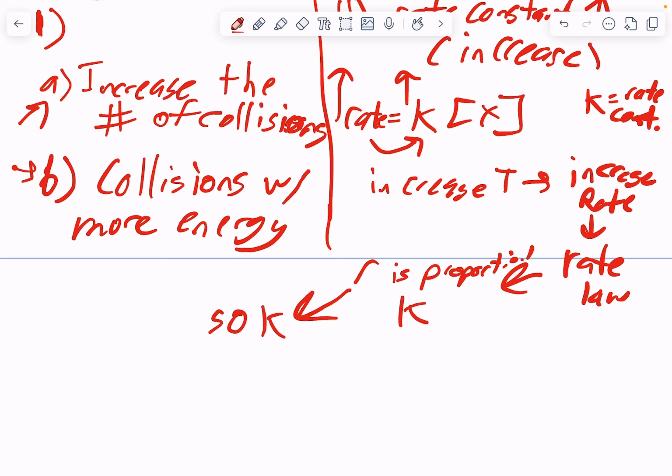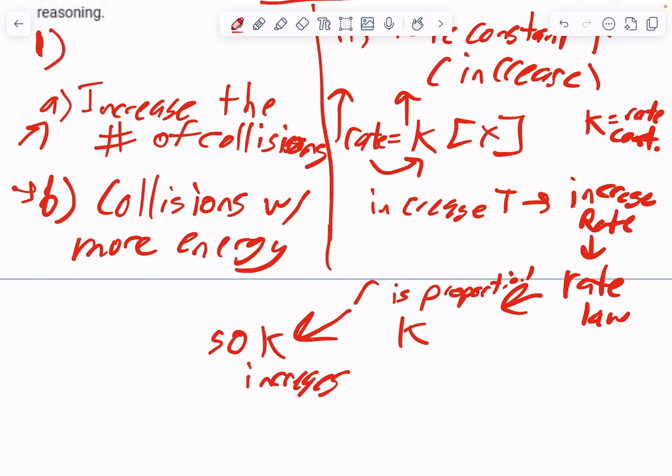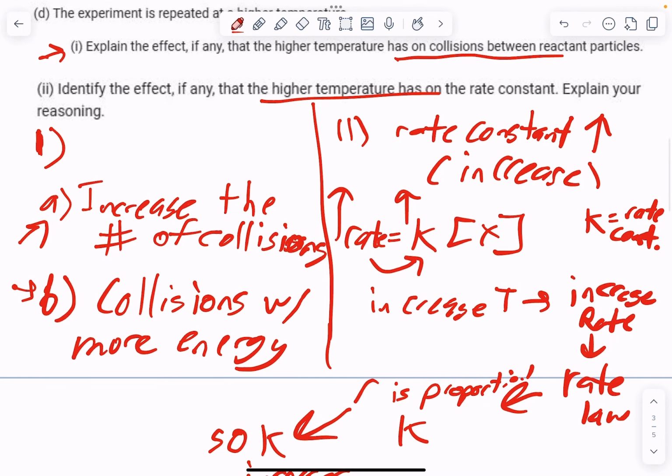So k increases. Okay, something along those lines, talking about how temperature affects the rate, which according to the rate law, rate is proportional to the rate constant, so rate constant increases. Some form of writing that out should get you plenty or full points on those questions.